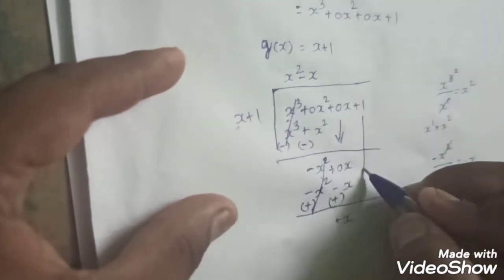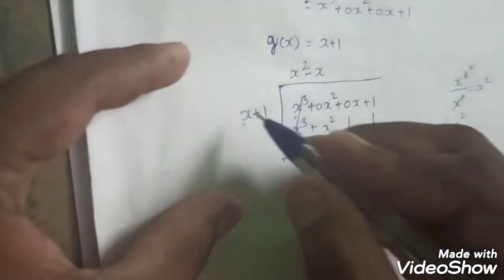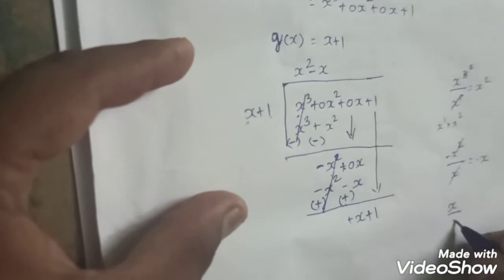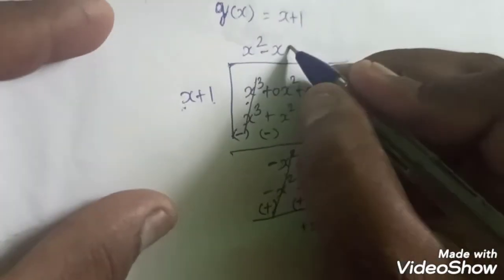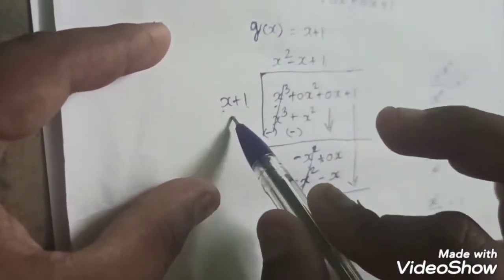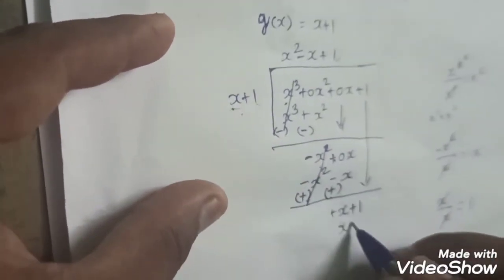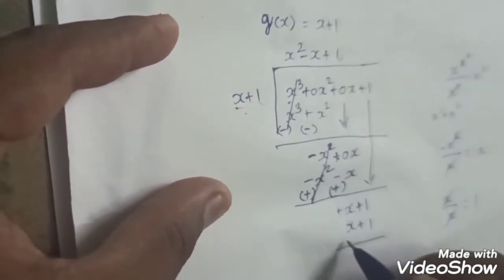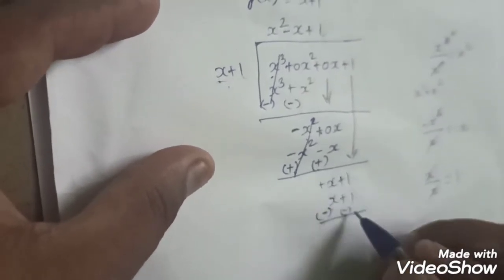I take the last term plus 1, and here I compare the same first term, x divided by x, it will cancel, we get 1. Now we multiply with plus 1. Multiply 1 with anything, you get the same. So 1 into x plus 1, you get x plus 1. Now you change the symbol, minus, minus: plus x minus x, plus 1 minus 1.